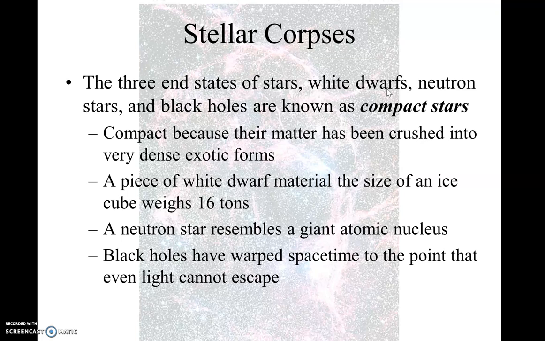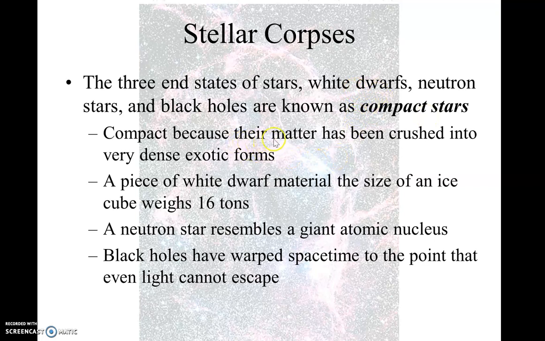They can be as low as 8 times the mass of the sun or greater. Remember, stars can be as massive as 30 times the mass of the sun. Those massive stars become either neutron stars or black holes, and they're also collectively known as compact stars. Well, all three of them actually.